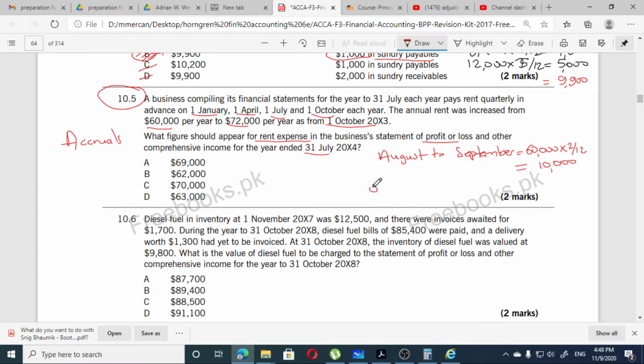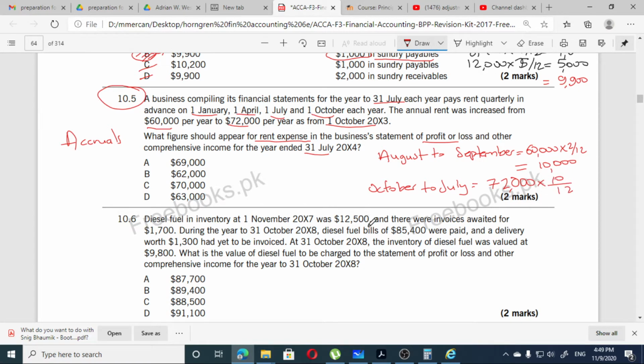Then from October to July, because the end of the period is July 31, the rent is already increased to $72,000 per year, multiplied by 10 months.